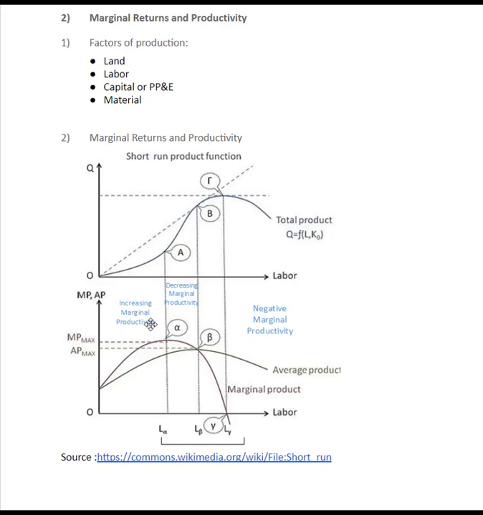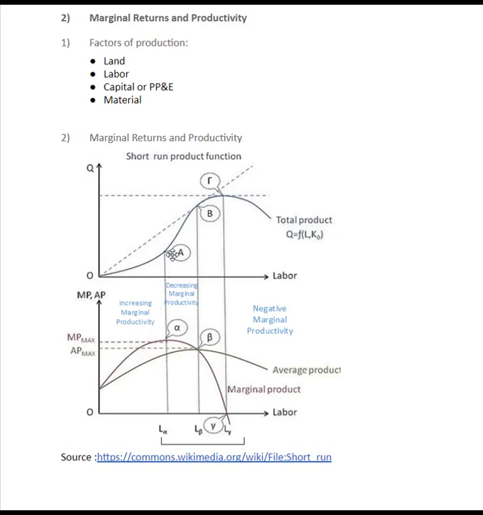By adding one more unit of labor, our output is increasing at an increasing rate. Let's suppose we add the first labor, our output increases by 3 units, and we add the second labor, it increases by 4, to 7. So it is increasing at an increasing rate.